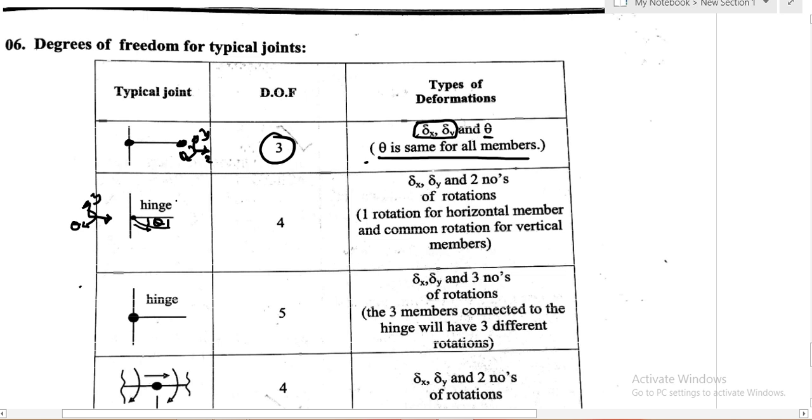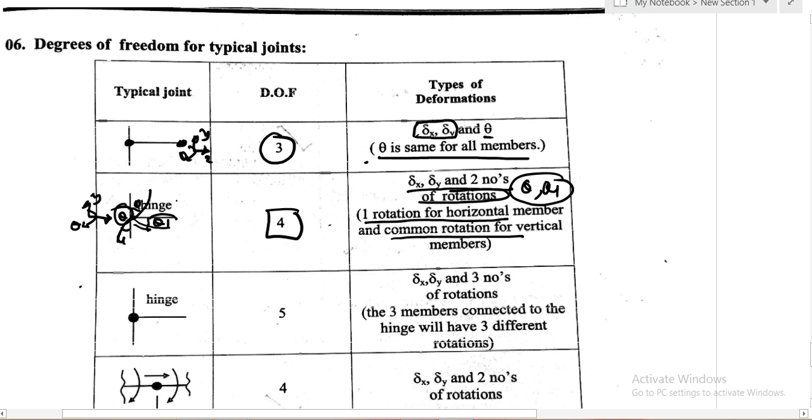So the total number of independent displacements is 4: delta x, delta y, two linear translations, and two rotations, theta and theta 1. One rotation is for the horizontal member and the other for the vertical member. This vertical member can rotate like this, this is theta, and this horizontal member rotation is theta 1.